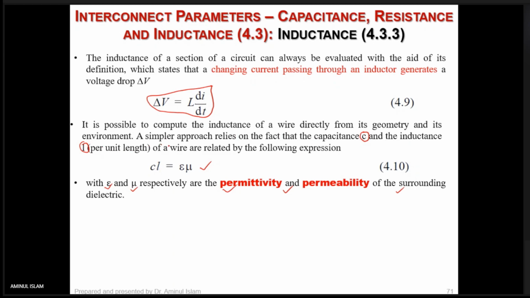A simpler approach relies on the fact that the capacitance C and the inductance L per unit length of a wire are related by the following expression: CL equals epsilon mu, where epsilon and mu are the permittivity and permeability of the surrounding dielectric. I hope you understand what permeability and permittivity are.